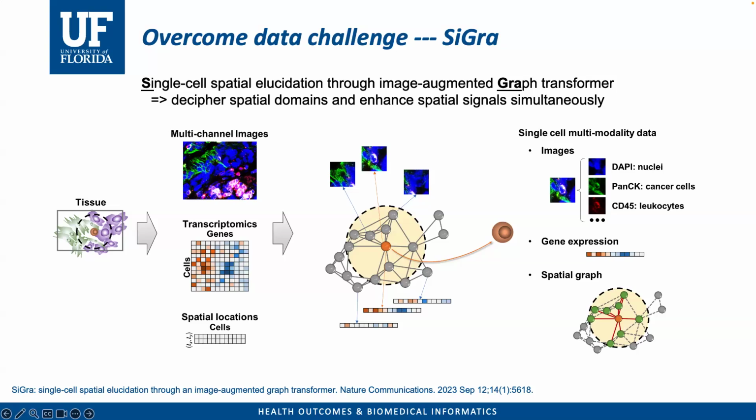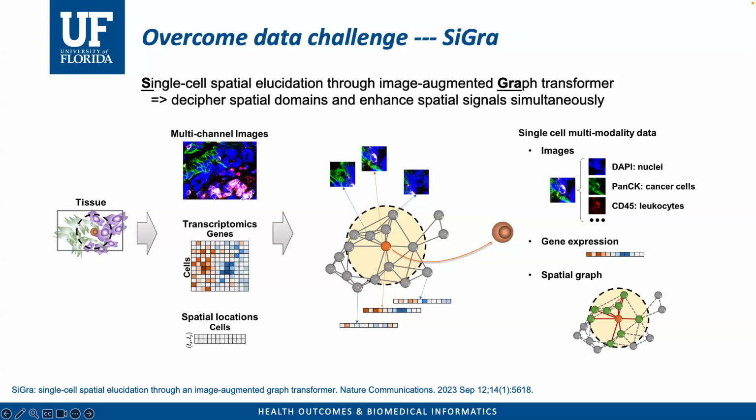The spatial graph is constructed based on the cell spatial locations. Each node represents a cell, each edge represents two neighboring cells, and each cell is accompanied by its specific image and its specific gene expression. In this way, we construct all the data into a single cell level spatial graph.